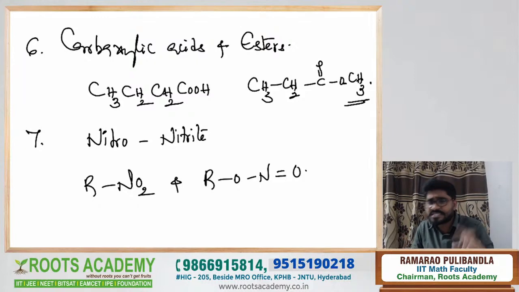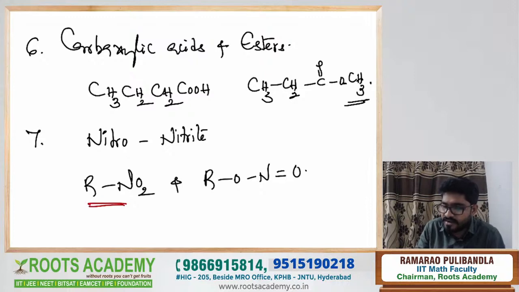If it is nitrogen directly, it is called nitro. If it is with oxygen, that is called nitrite. That's the difference. See carefully the connectivity, guys. RN, RO. Hope you got it.